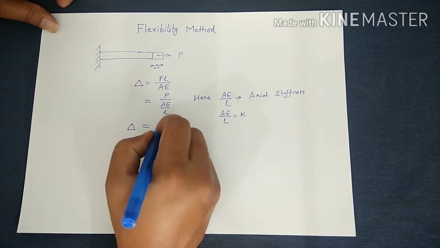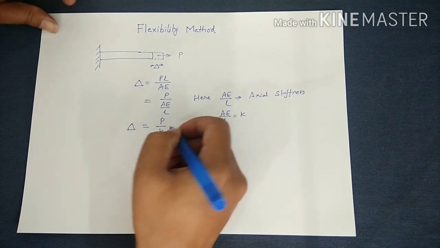Therefore, we can write delta equals P by stiffness.